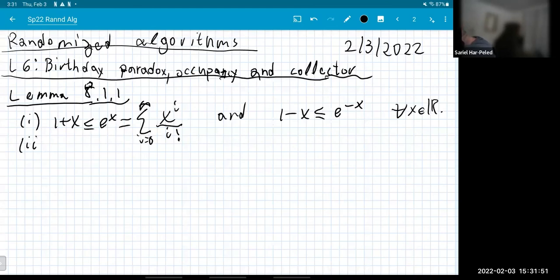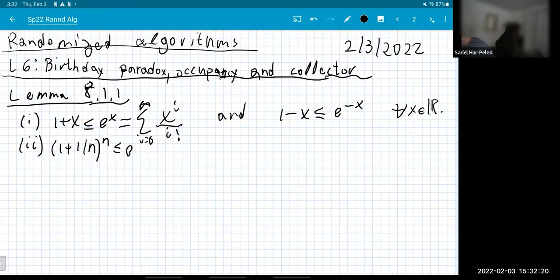By the way, the class notes have the full proof of this lemma in excruciating detail, so if you want to see it, see it. Now, 1 plus 1 over n, to the n, is smaller than e. That's not very surprising because it follows immediately from the above inequality.